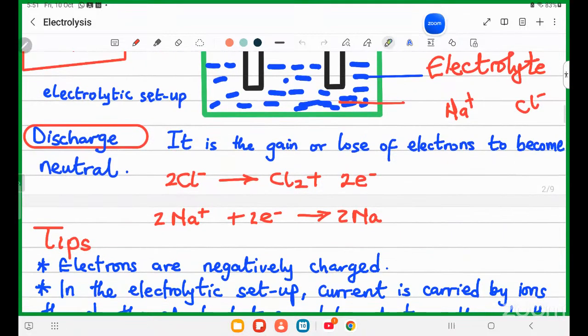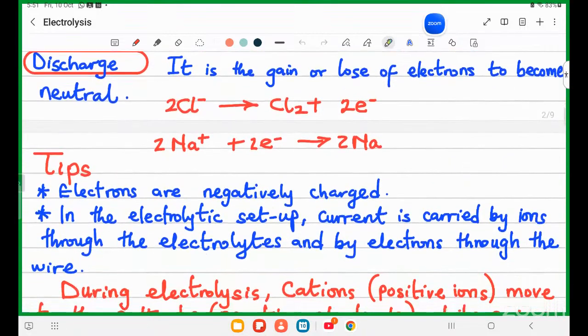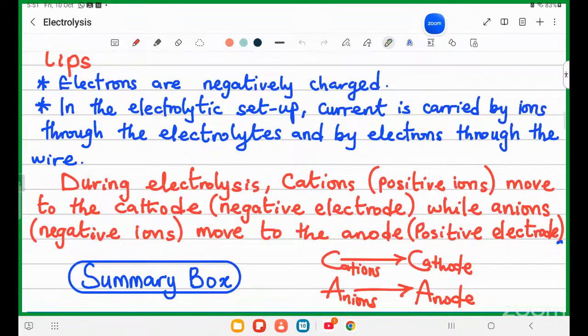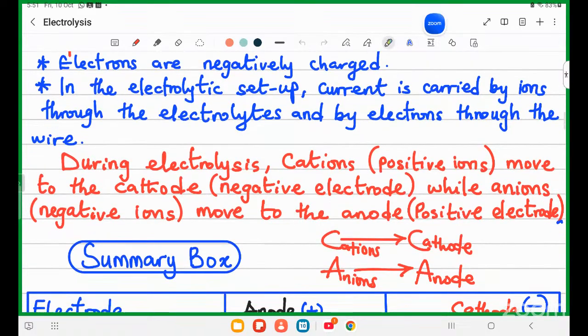All right. Now we gave tips last time, and also this code, that during electrolysis, the cations will migrate to the cathode. The cathodes are the negative electrodes, while the anodes are the positive electrodes. Are you with me? Yes, sir. Okay.